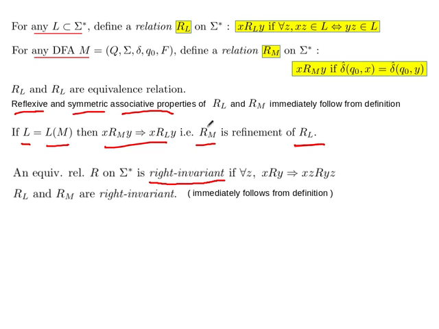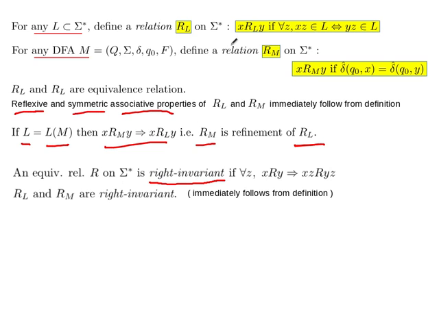So R is right invariant if this happens: for all z, x is related to y implies that xz is related to yz. So if x and y are related in R, then I can put anything after x, and if I put the same thing after y, that should also be related. If that happens, then we say that this R is right invariant.